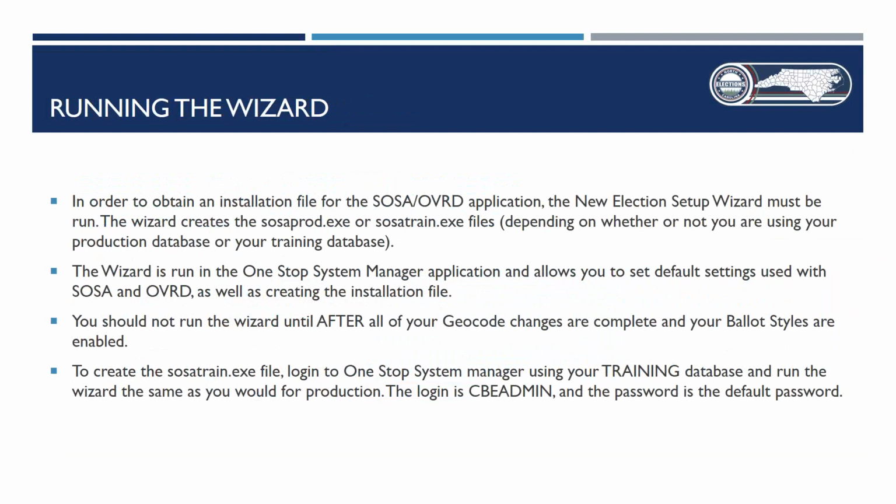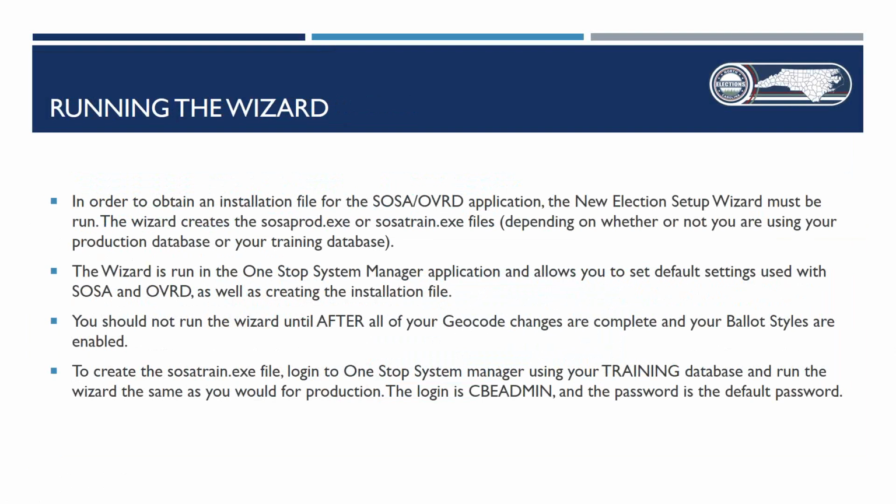All right, so now we'll talk about running the wizard, and in a moment we'll run through a demo of running the wizard. But in order to install SOSA and OVRD, you have to run the wizard in order to create the executable file that you're going to use to install. You run the wizard in the One-Stop System Manager application, and that lets you set up your default settings and creates the file.